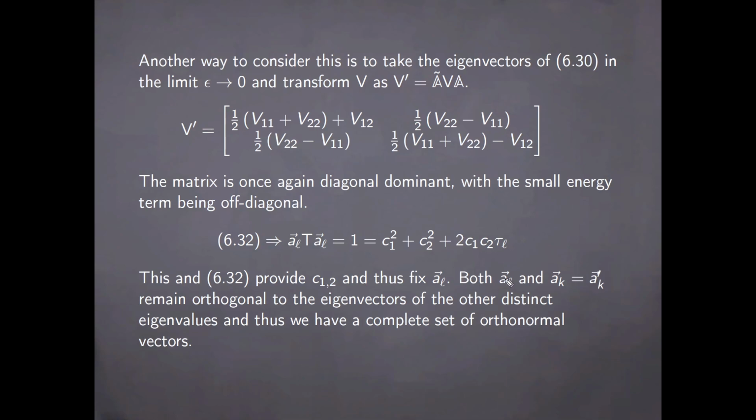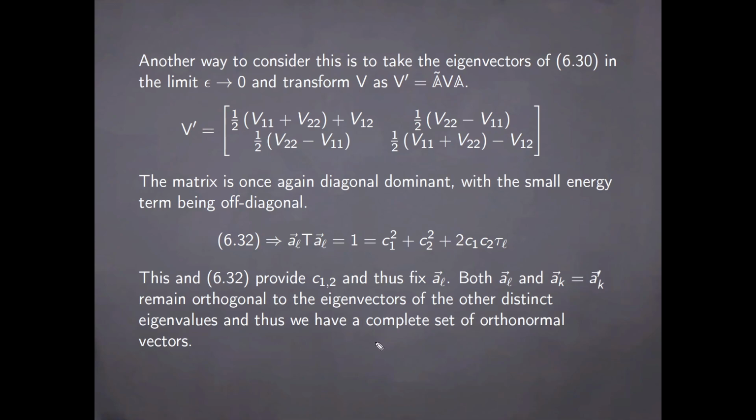And in that case, both it and a new vector k, which is just equal to the original primed quantity, both of them will be orthogonal to the eigenvectors of the other distinct eigenvalues, and thus we have a complete set of orthonormal vectors.